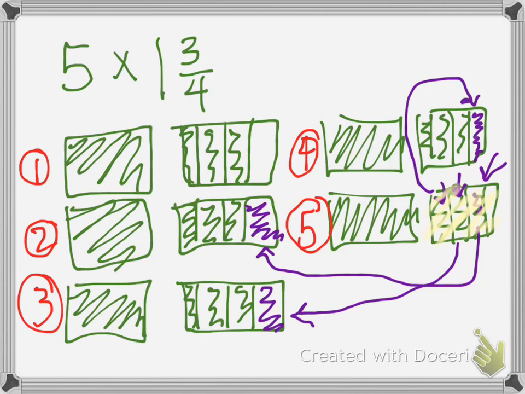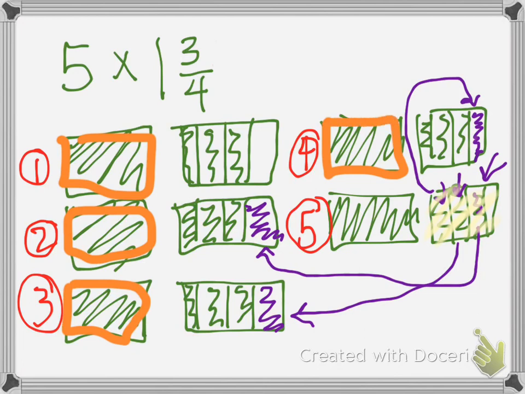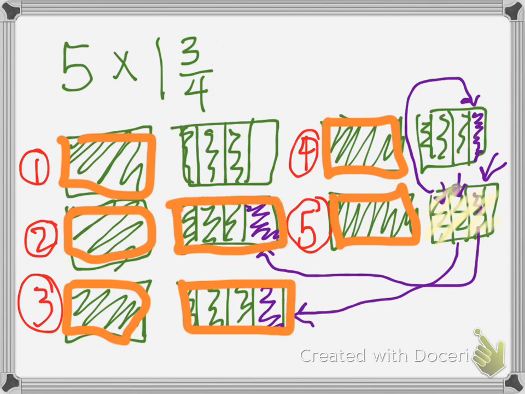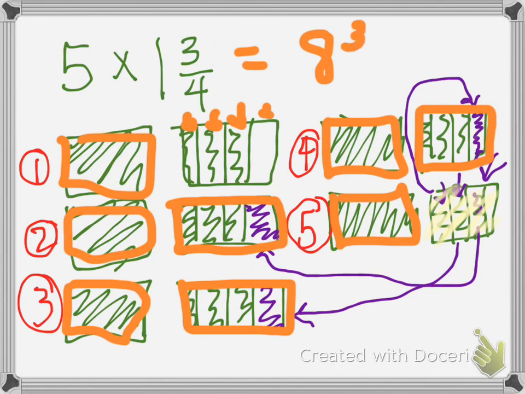This is 1 whole, 2 whole, 3 whole, 4 whole, 5 whole, 6 whole, 7 whole, 8 whole, and then I have 1, 2, 3 out of 4. So I'm going to get 8 whole with 3/4 as my answer when I draw a picture for this problem using models.